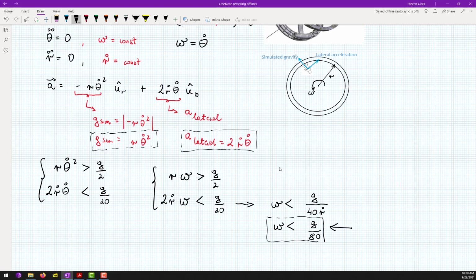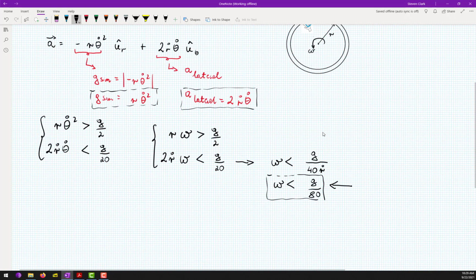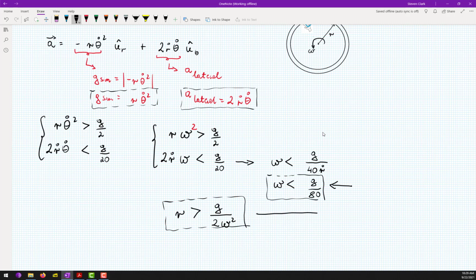Okay, and when it comes to R, we can use this. I forgot squaring here. Yeah, sorry guys, my mistake. Squaring here. So R is larger than G divided by 2 omega squared. So these are our two requirements.